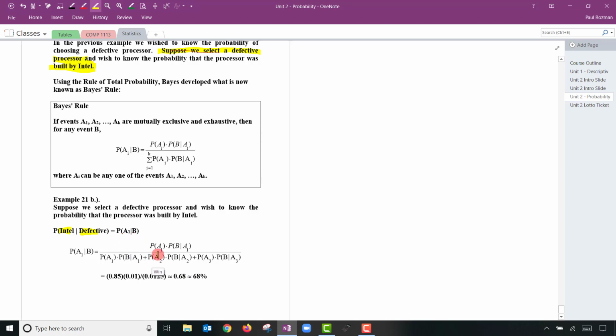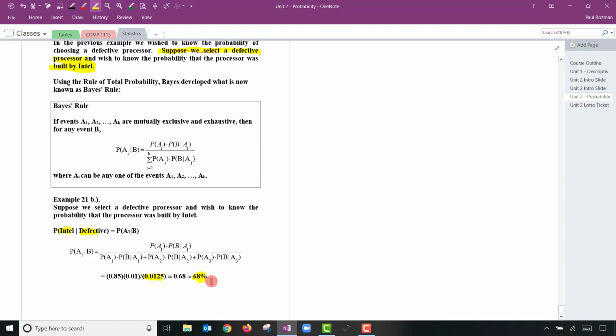So we want the probability of A1 times B given A1 divided by all the different ways that I could be defective, which is what we had calculated before. The 0.0125 was already calculated. It ends up being 68%, which is rather high.